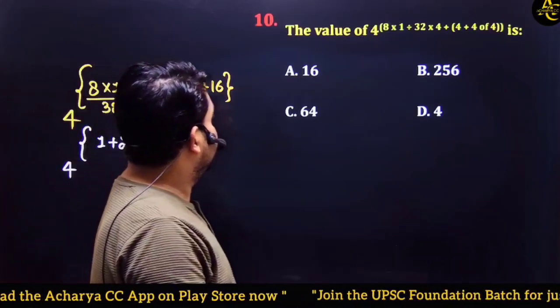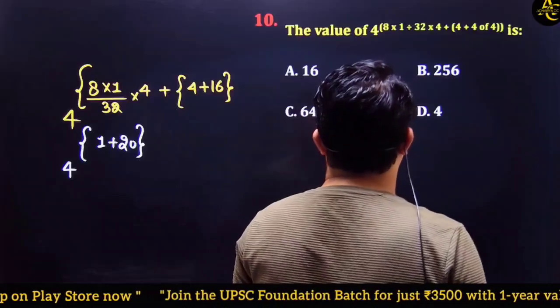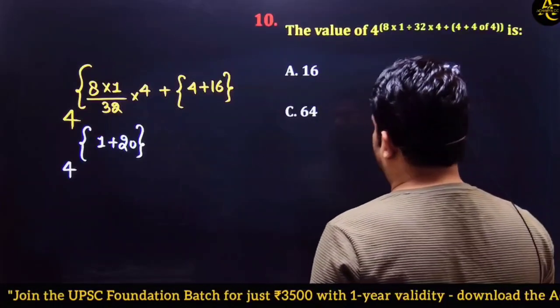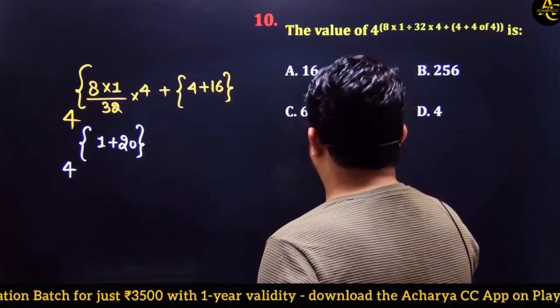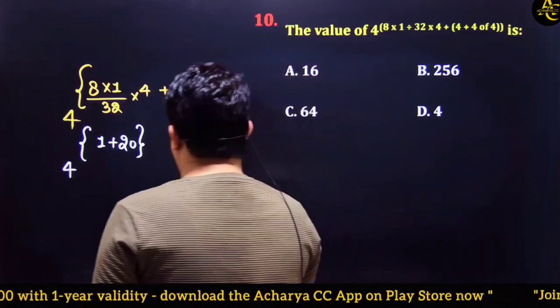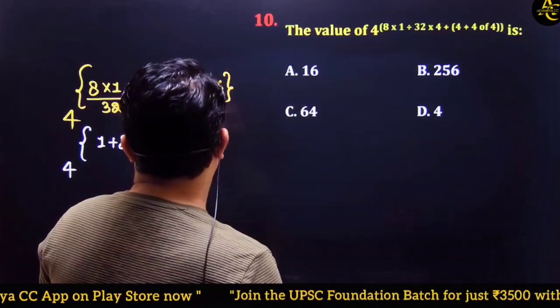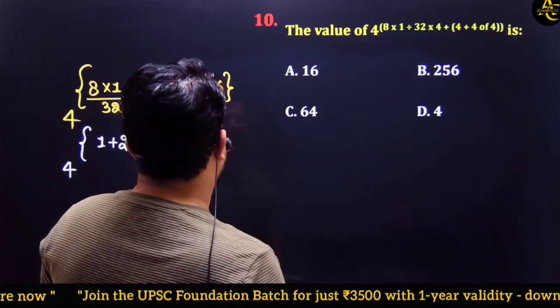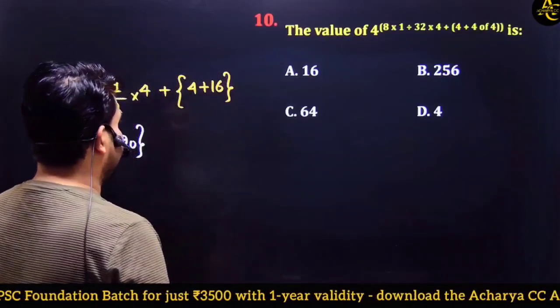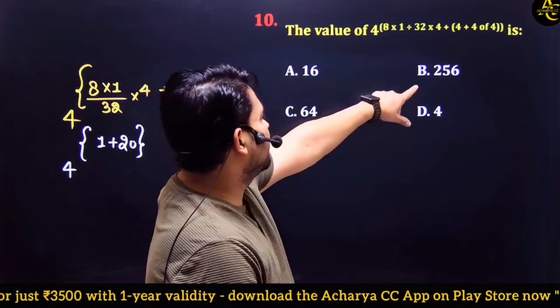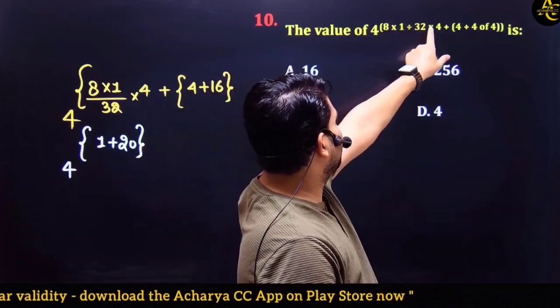But guys, there is a problem. And the problem is that we have no such option that makes 4 to the power 21. So we will make some arrangement in the question. We will make the question correct, or either we take another option, but these options are integral numbers, so there is some problem in this.